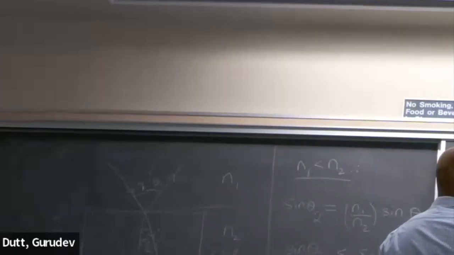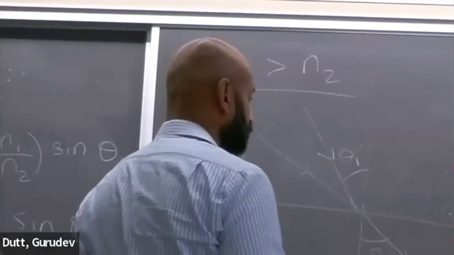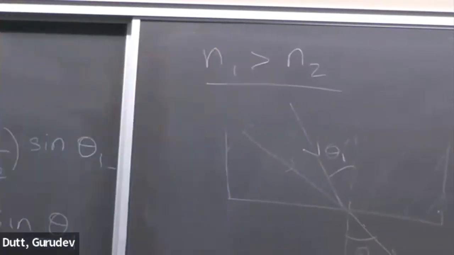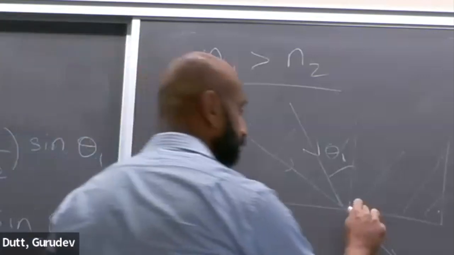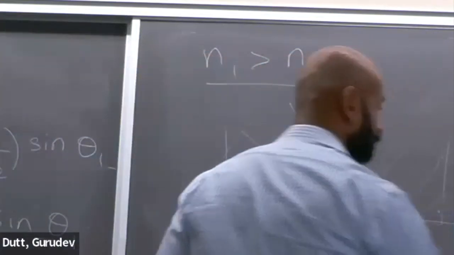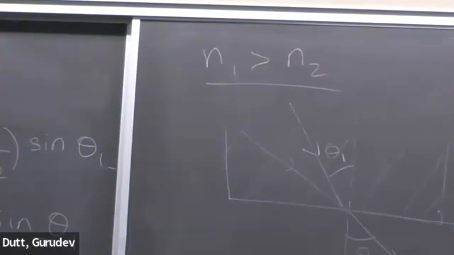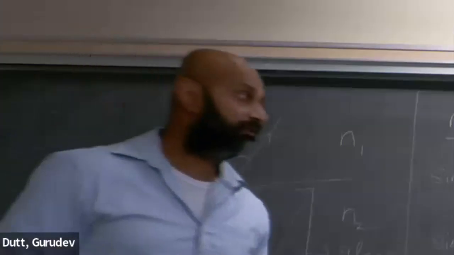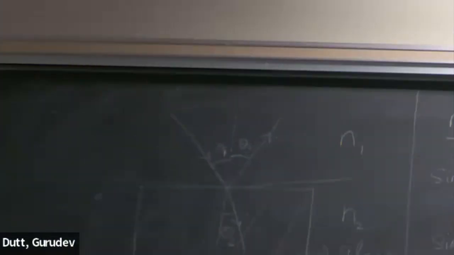Okay. And in fact, now as you keep increasing the angle, again, I wish I had different color chalk here, but if I keep increasing the angle theta 1, you will see that eventually theta 2, because it's now always greater than theta 1, can approach 90 degrees. And what happens once theta 1 goes past that angle, which we'll call the critical angle?